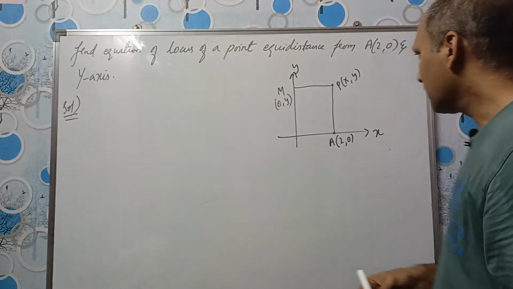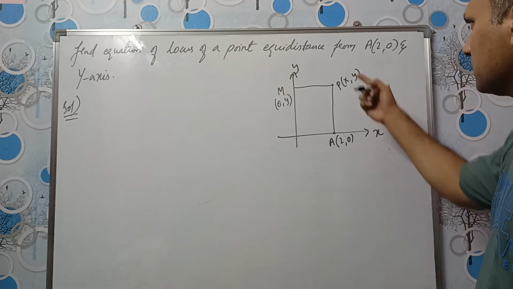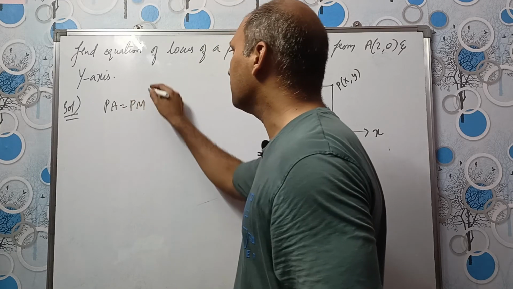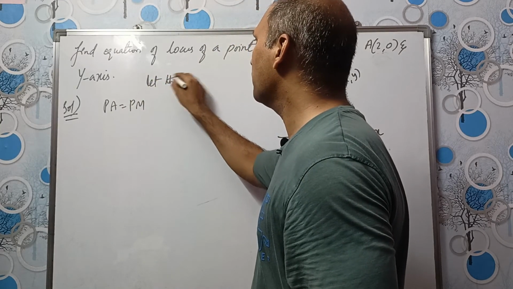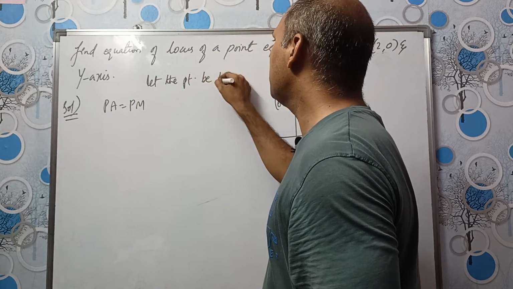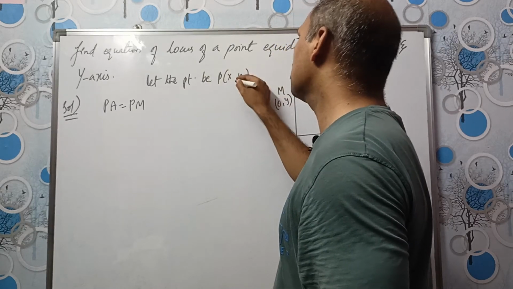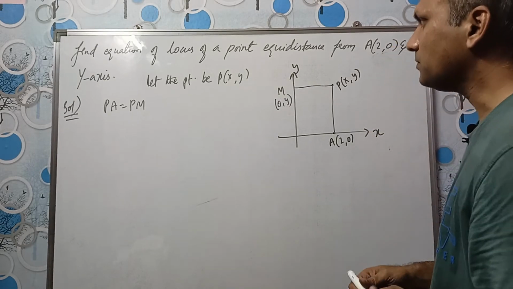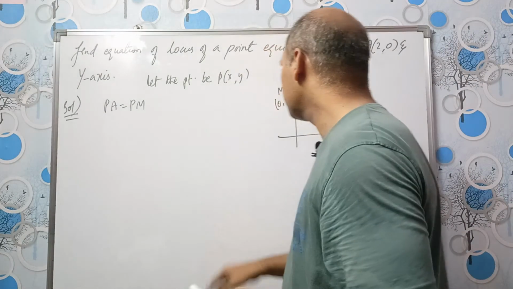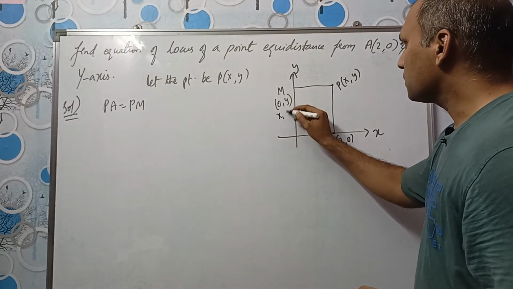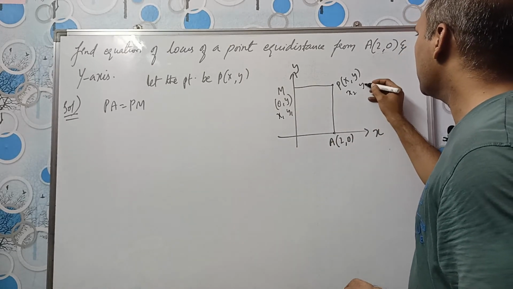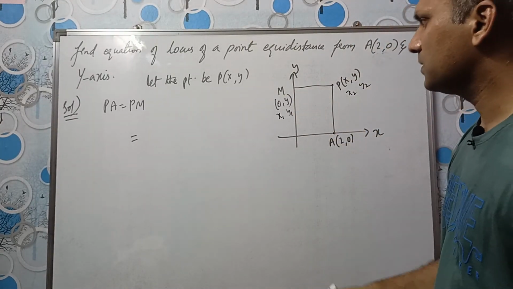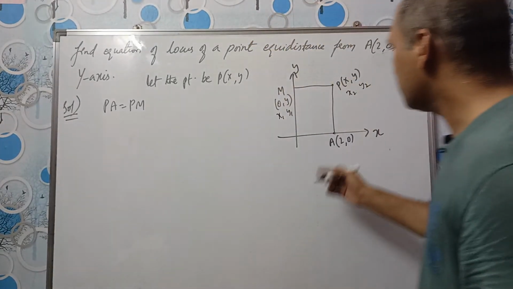So what is the condition given? PA is equal to PM. Of course, let the point be P(x, y). This should be our first step. Now PA is equal to PM. Let us find PA first.